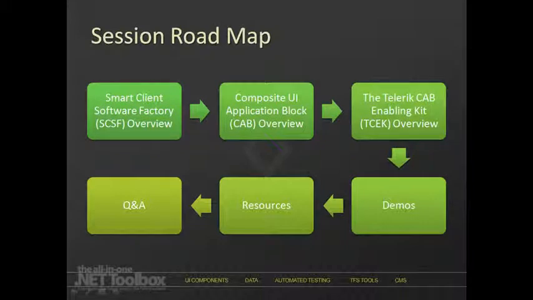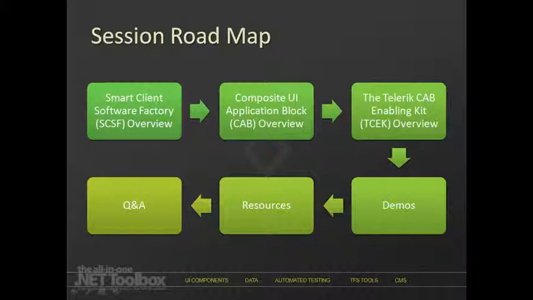Brief overview of what we're going to be discussing today. First, we'll be going over the Smart Client Software Factory, what exactly it is, and what's included with it. Following that, we'll be going over the Composite UI Application Block, which is basically an internal building block included with the Smart Client Software Factory.